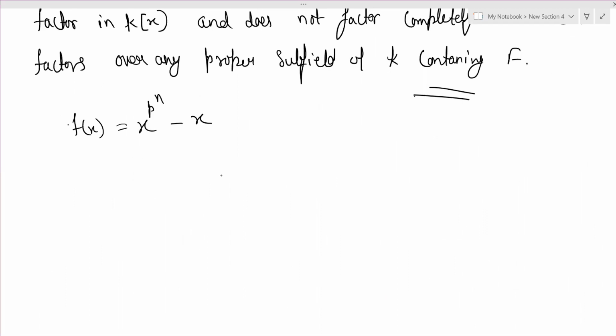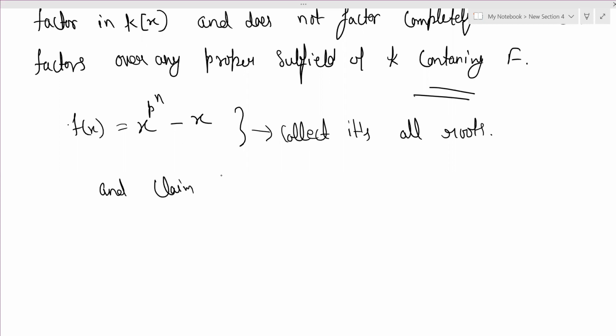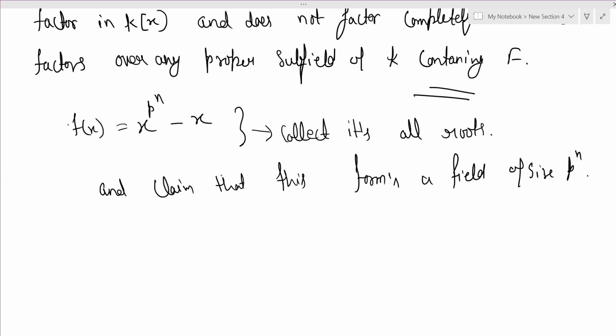So the idea is this: collect all its roots, and claim that this forms a field of size p^n. So this is the idea.